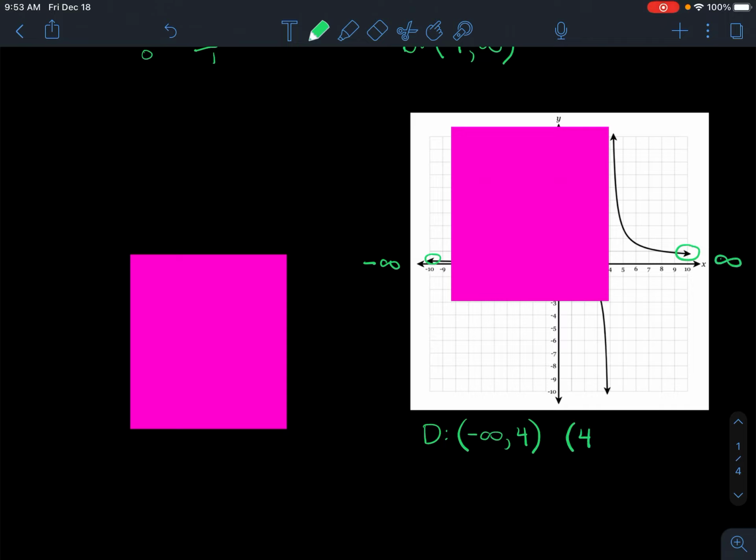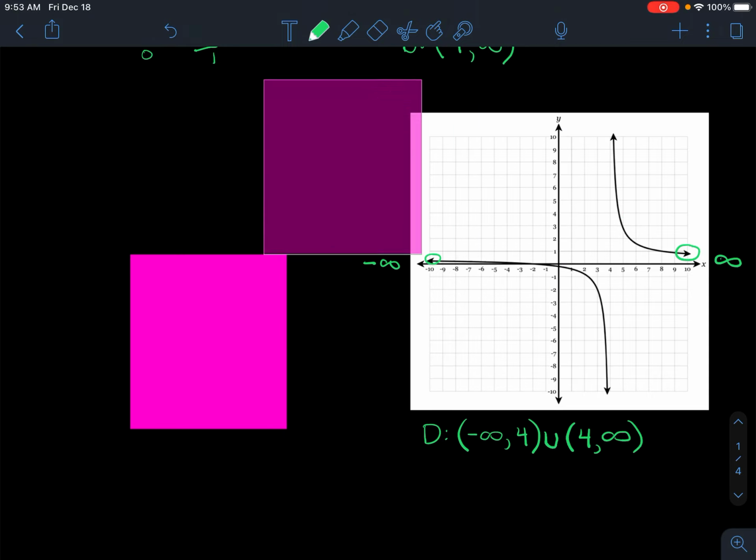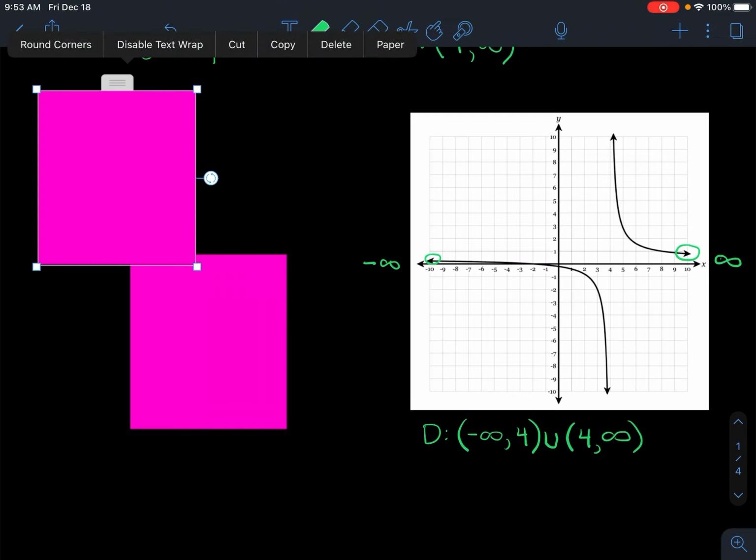So it's going to start at 4, it doesn't actually hit 4, which is why we have the curved bracket, and it goes until infinity. Now, I have two intervals here, and so I need to connect them by a union. It's just a U symbol, okay? So that's how you would write domain if you have more than one interval, okay?